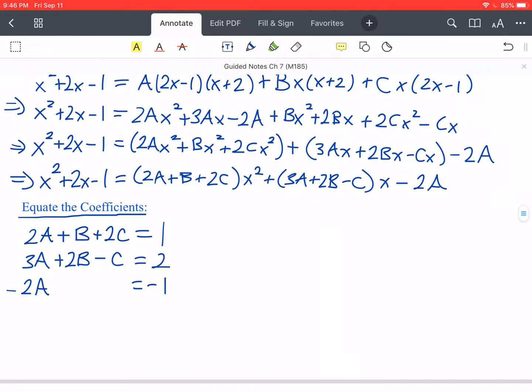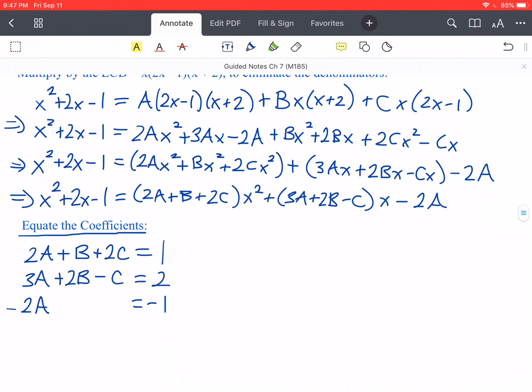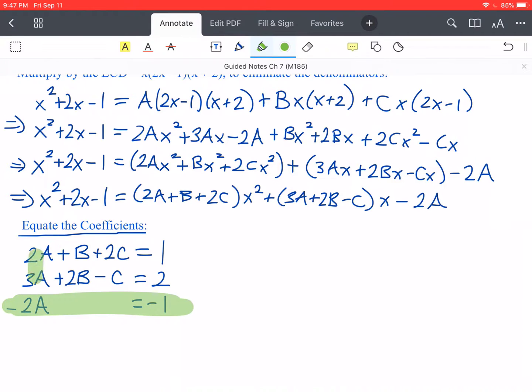I'm not going to go through this entire process with you guys. It is expected that by the time you reach Calc 2, you know how to solve a system of equations. But I can give you the quick rundown. Solve this one for a, plug it into these two, and then solve what's left for b and c. A system of two equations and two variables, you can use either substitution or elimination.